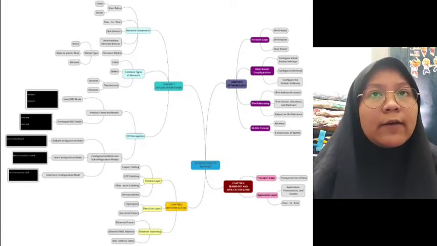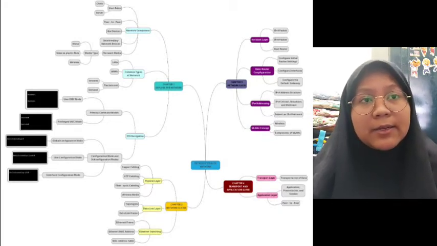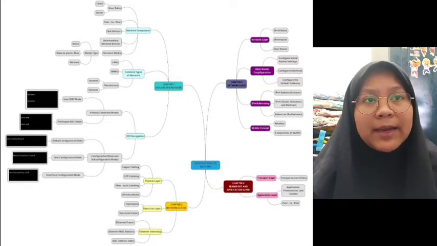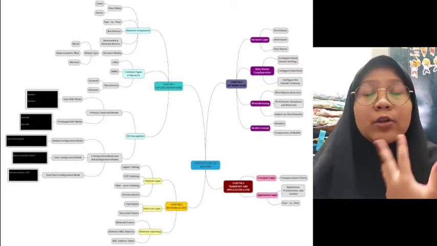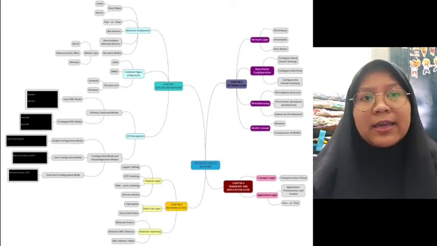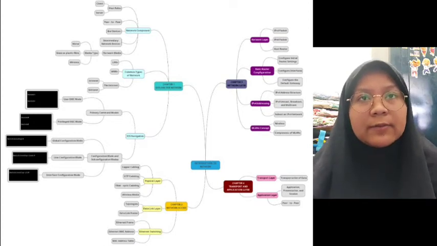In host role, we have client and server. Servers are computers that provide information to end devices, like email server, web server, and file server, while clients are computers that send requests to the server and retrieve the information, like web pages from a web server, and email from an email server.